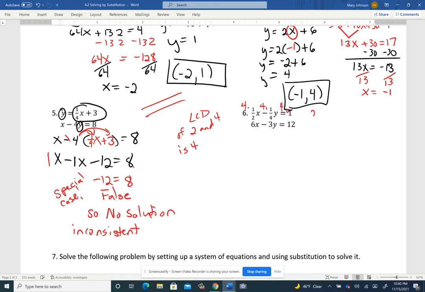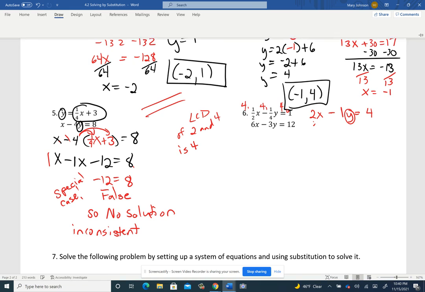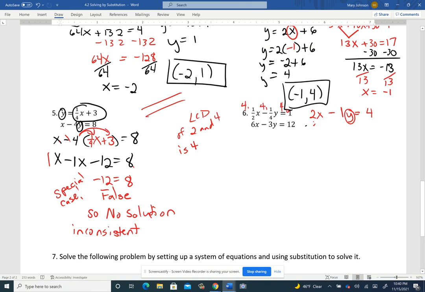So 4 times a half would be 2x minus 4 times a fourth would be 1y equals 4 times 1, which is 4. Okay. So now the first equation doesn't have any fractions. I'm going to work on getting that y on a side by itself so I can use the substitution method since they asked me to use substitution. So I'm going to subtract 2x from both sides.